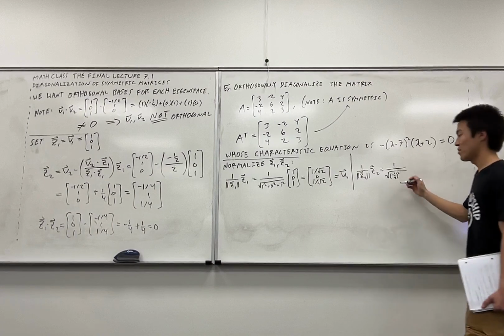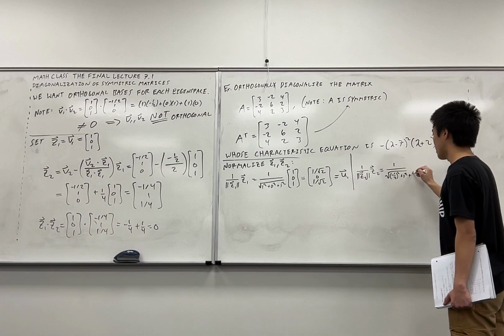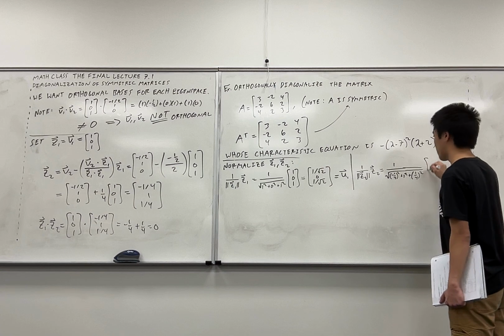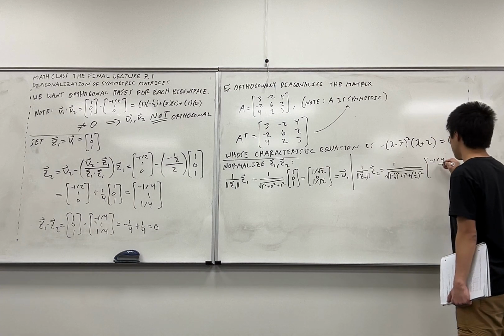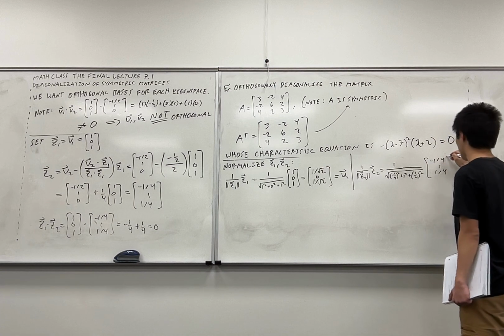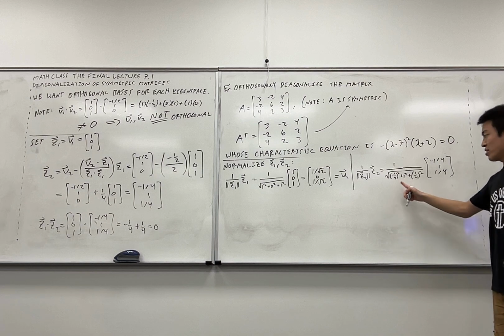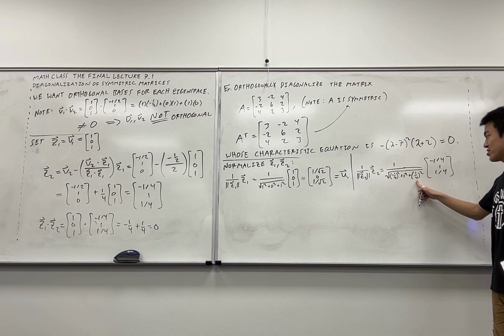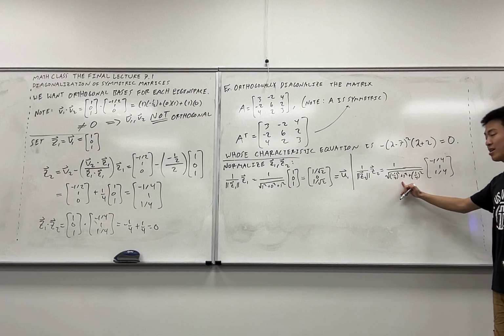Plus 1 squared plus 1/4 squared, times minus 1/4, 1, 1/4. So yes, this is going to be 1/16, that's going to be 2/16 in total, and then you add 16, so you have 18/16.